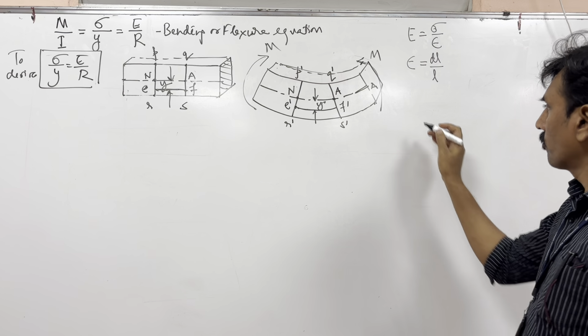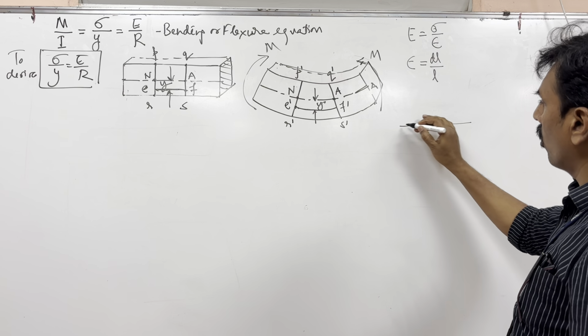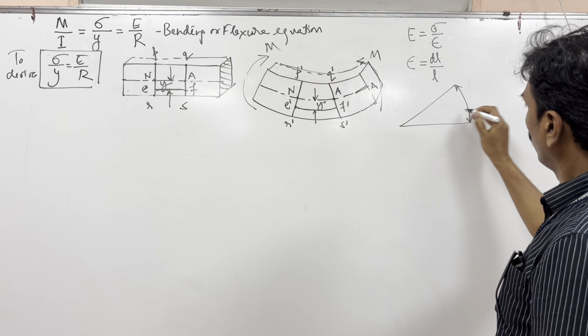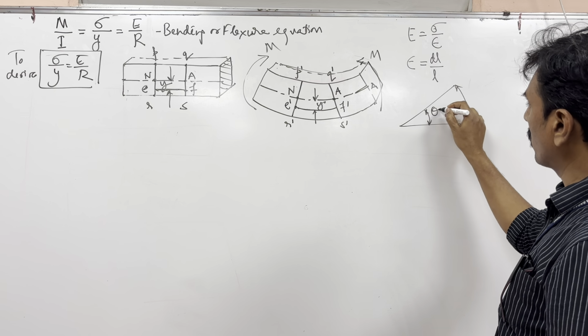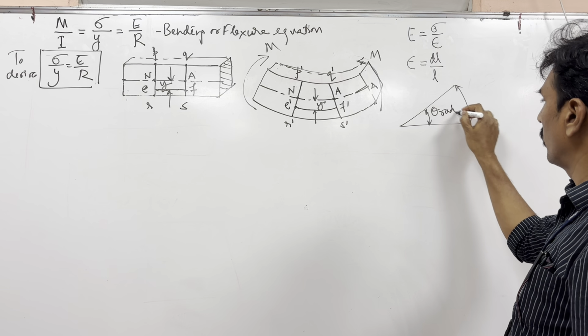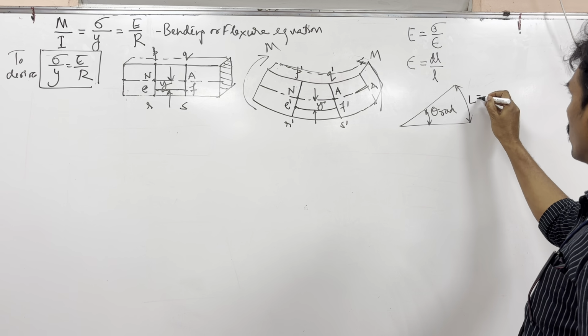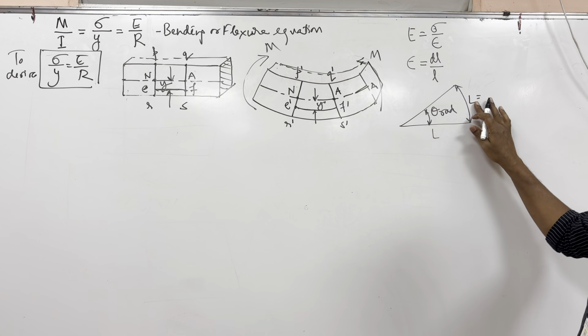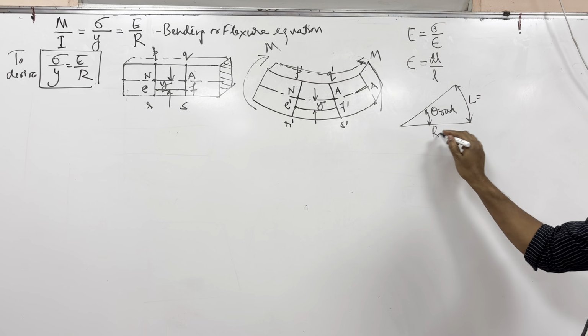And also, suppose I draw an arc here, and if this theta is in radians, then can you tell me what is this length L in terms of this radius R?